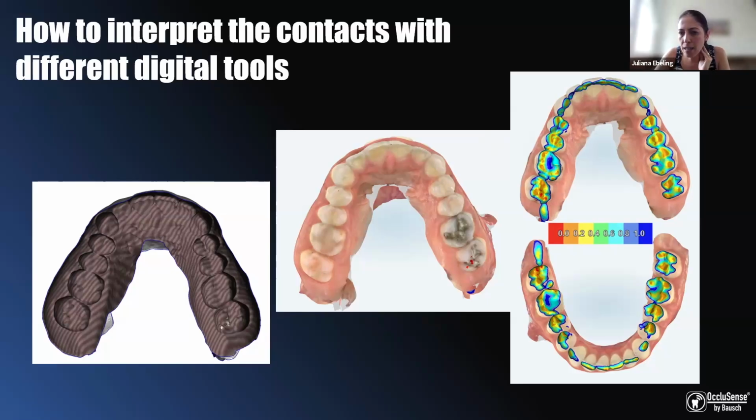So the red contact is a crossover, an overload of these meshes, and the orange contacts are contacts that go until 200 microns of distance. So what we need to have in mind when we analyze occlusal contacts.